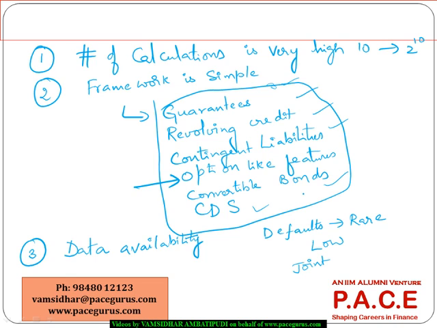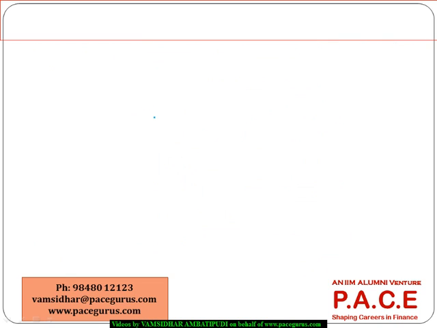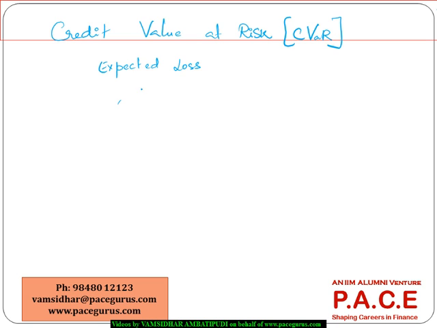Now let's move on to our next important concept, looking at the credit VAR, credit value at risk. Just as a quick recap, whenever I am interested in finding out the credit VAR, I require the expected loss as well as the unexpected loss.